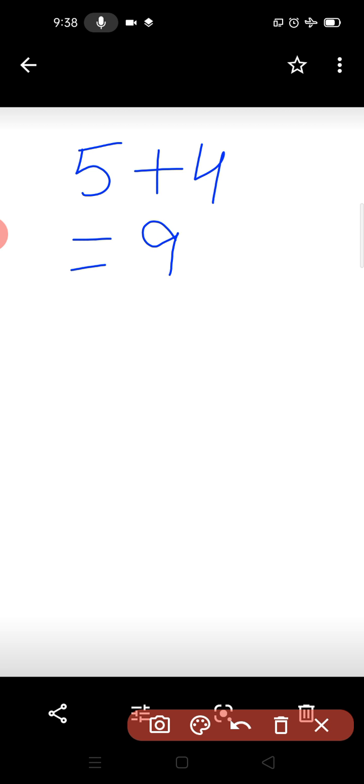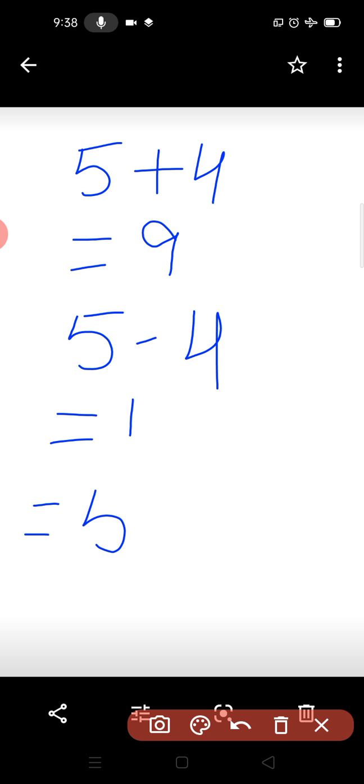Okay. Next, I am going to subtract: 5 minus 4. Here 5 minus 4 is 1 directly. So if you don't know how to subtract 4 from 5, we can do it like this also: 5 plus negative of 4.